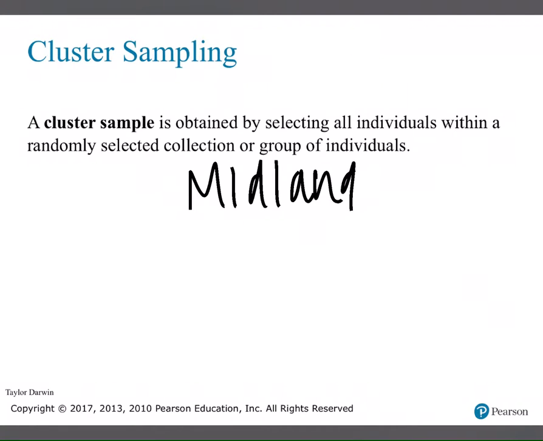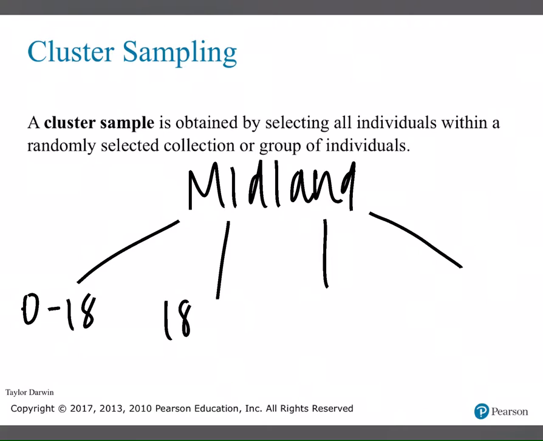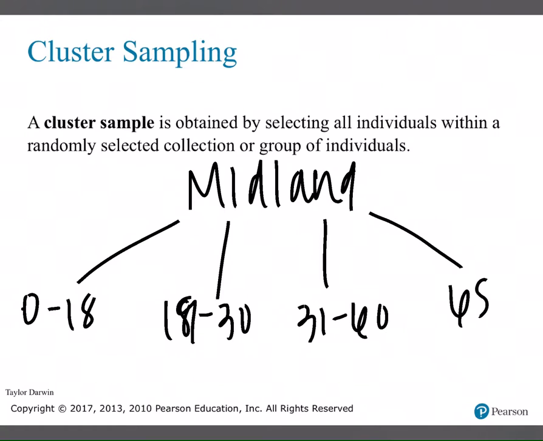And this time, you pretty much do the same thing where you break them into groups. This time I'm going to break them into age groups. So 0 to 18, 19 to 30, 31 to 60, and 61 plus.